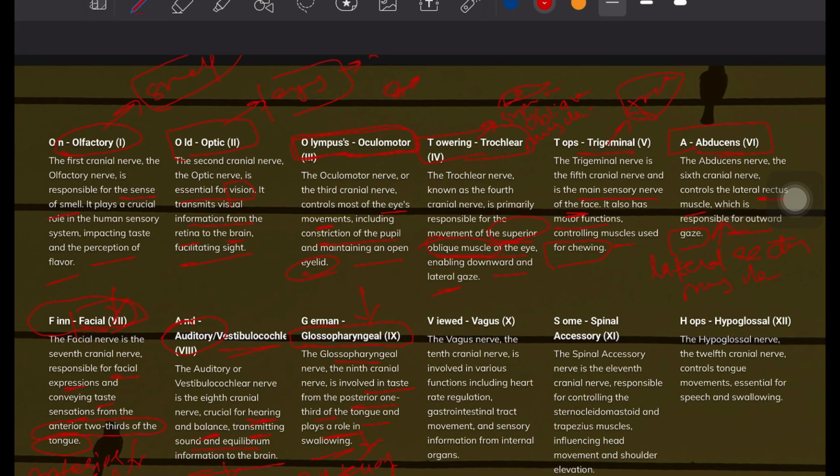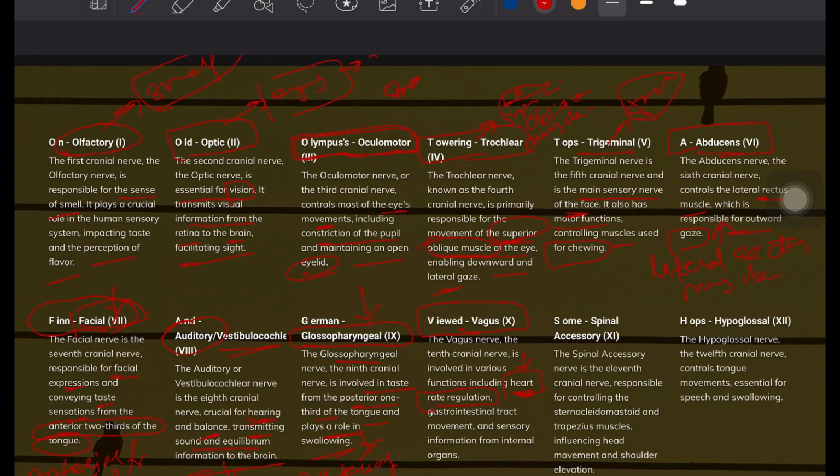Then next comes the vagus nerve. Students, see, the vagus nerve is the 10th cranial nerve and it is involved in various functions including heart rate regulation. So they can ask a question, which nerve is responsible for heart rate regulation?